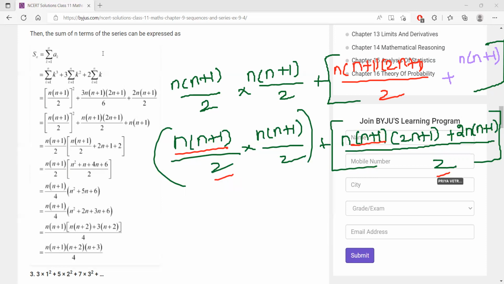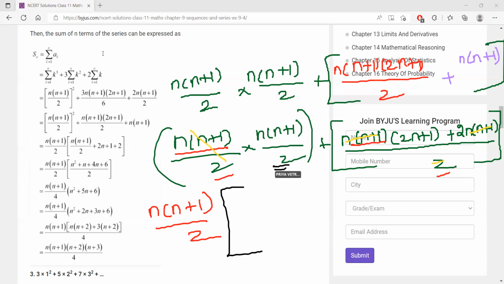So you can take that n into n plus 1 as common. So what happens when you take n into n plus 1 divided by 2 as common? This n into n plus 1 by 2 and this n into n plus 1 will also go.